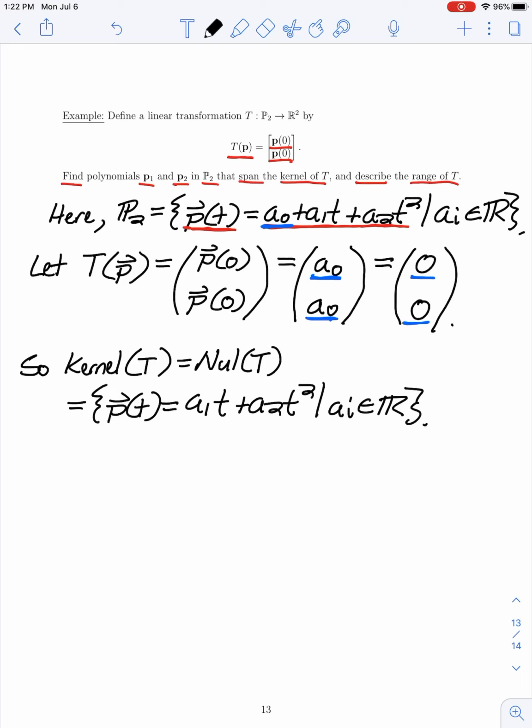So those are polynomials of this form whose constant coefficient is 0.